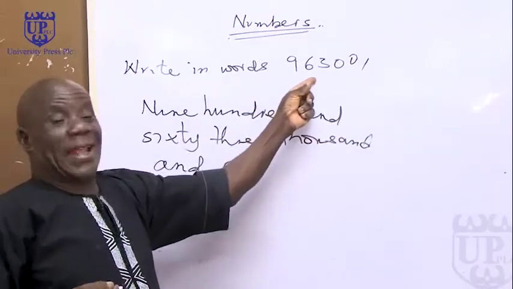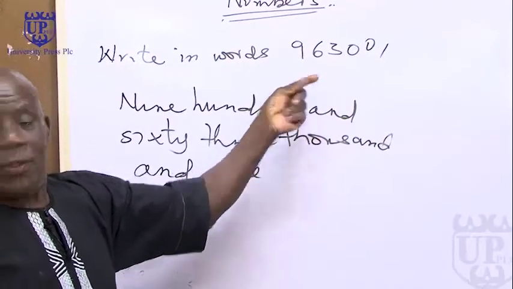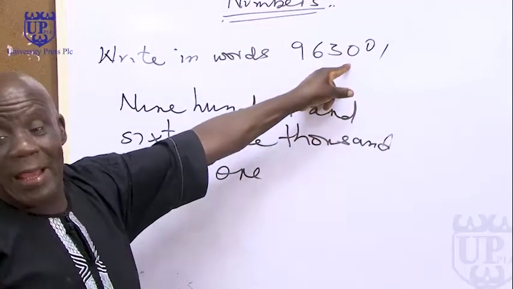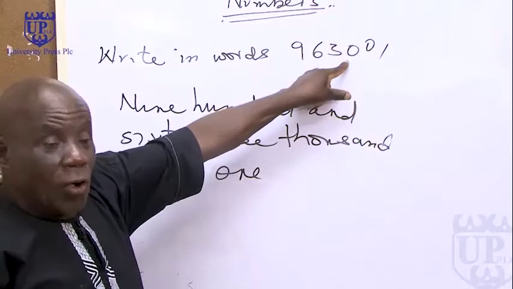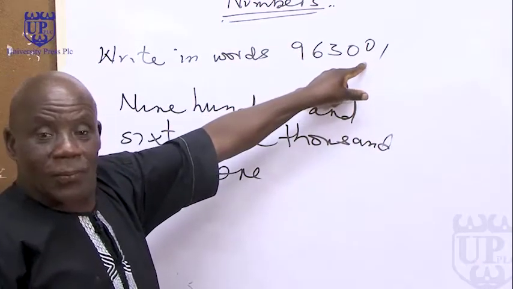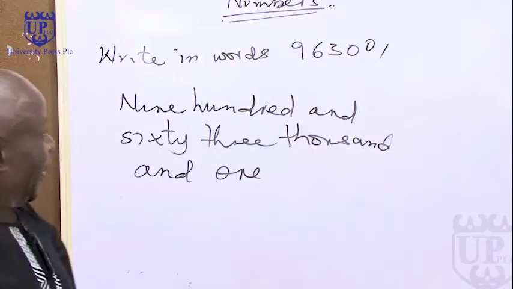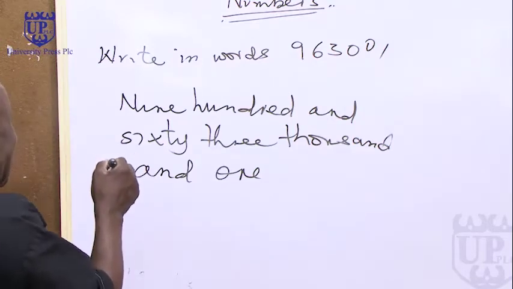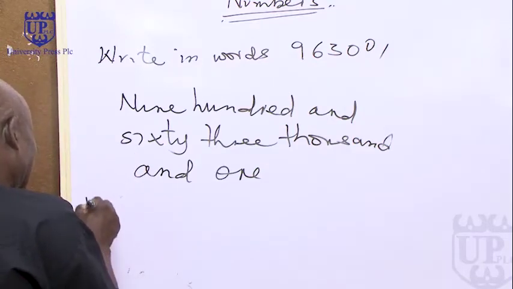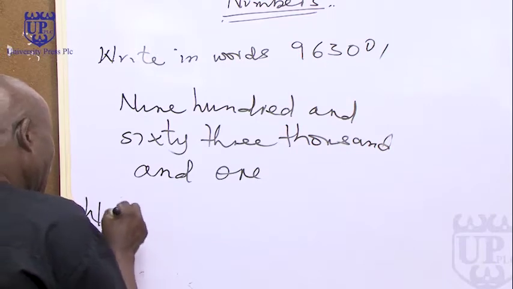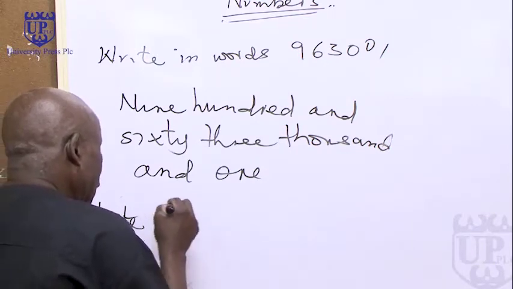All these three figures, they are under thousand. For under 10, 100 is 0, 110 is 0. Not that they are useless. Now another one. Let's say you have to write in figures.